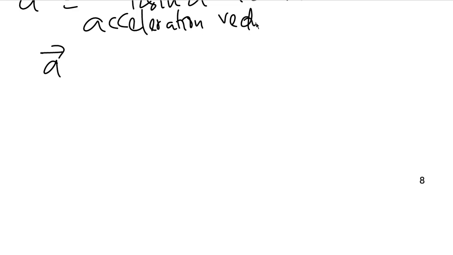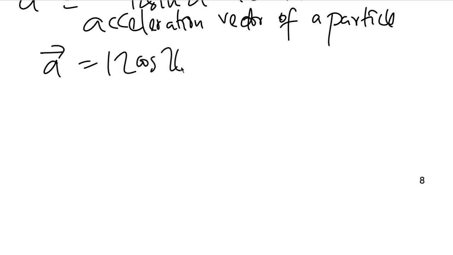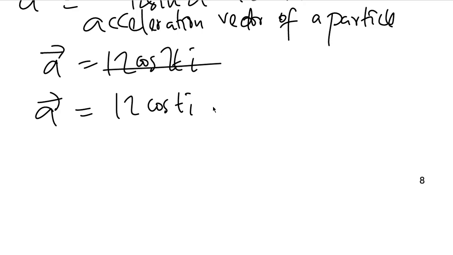So let's say that there's a question I saw. It says the acceleration vector of a particle is given as A equals 12 cos t i, and then negative of 12 sine t j.